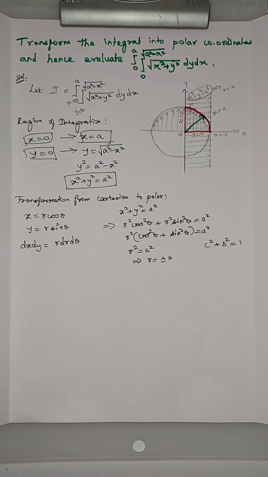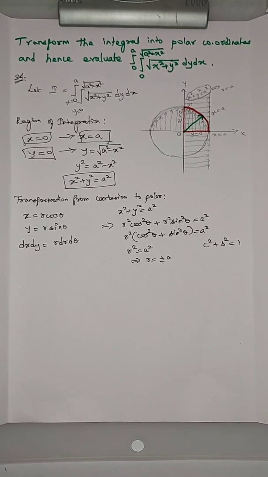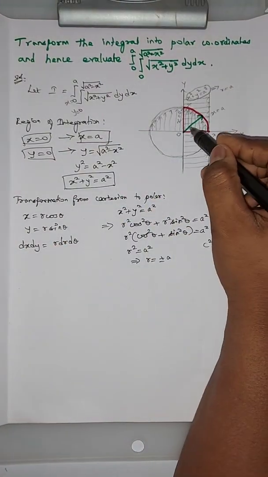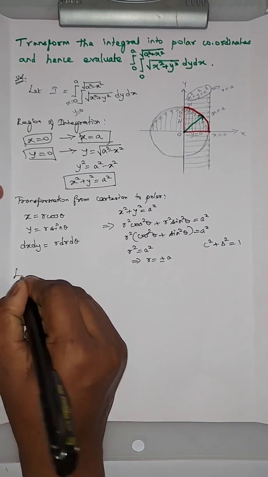In the case of polar, we never consider a strip parallel to the x-axis or y-axis. That is not the procedure we follow in polar. To find the limit of r, we always consider a straight line from the origin to the curve. So we have considered a straight line from the origin to the curve. So limits.